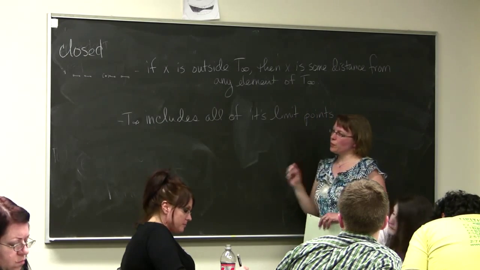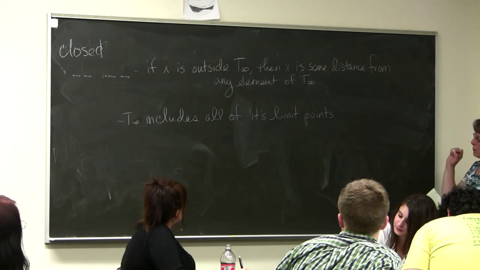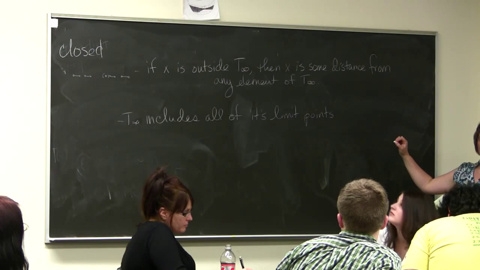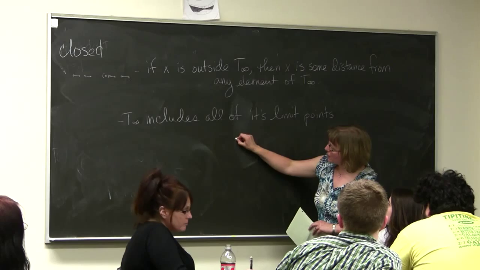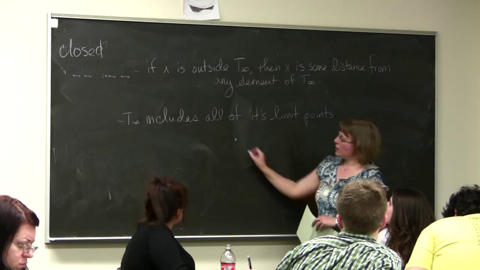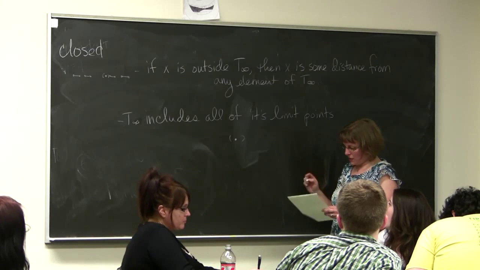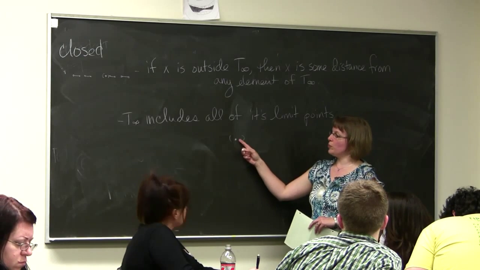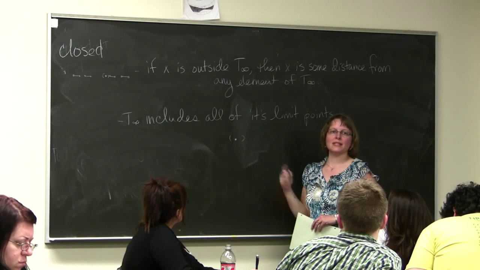So if you pick a point that is inside T infinity, a member of the Cantor set, and pick any distance around it, it has to contain at least one point somewhere in there that's external to T infinity, that's not part of the set.